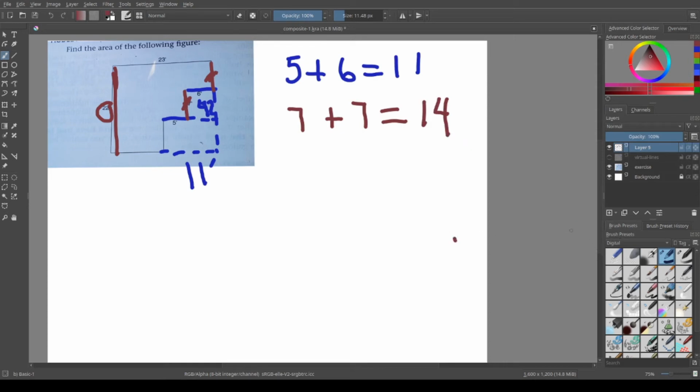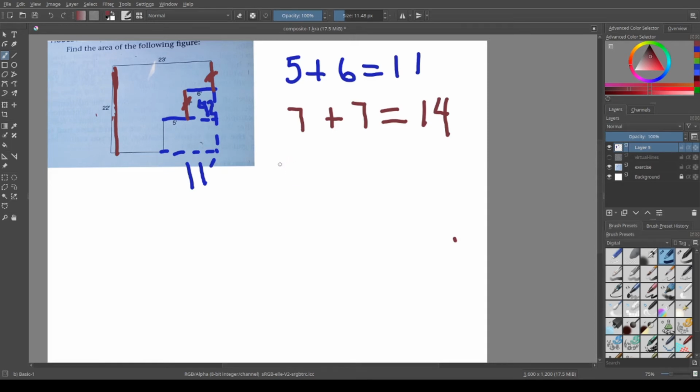Looking right here, looking at this number, we know this number is 22. And if you're looking for a missing number, you know by now I have to subtract. It's missing. I don't know what it is, so I have to subtract.